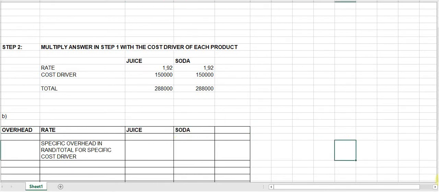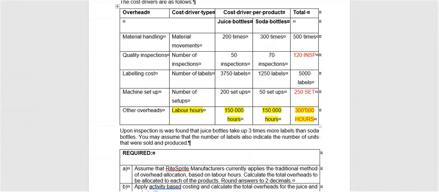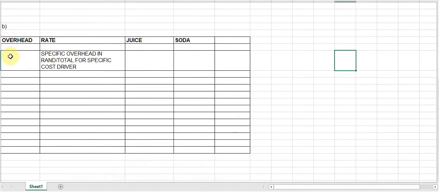Now we need to remember when we apply ABC costing, I start by filling out all the overheads under the heading overheads because we need to do a calculation for each overhead separately. So you will see that we have 1, 2, 3, 4, 5 in this instance. So we have material handling and quality inspection. So I'll first type those 2.